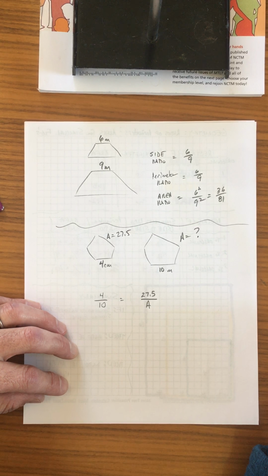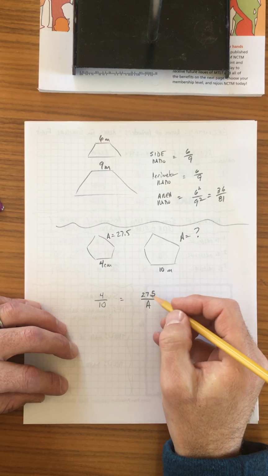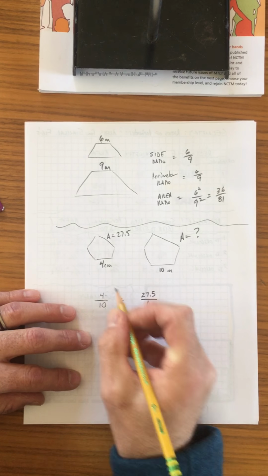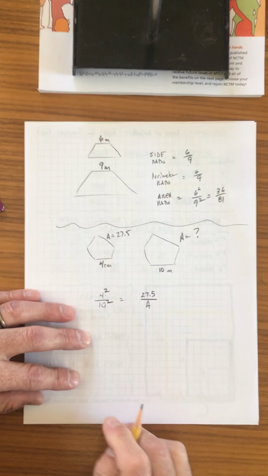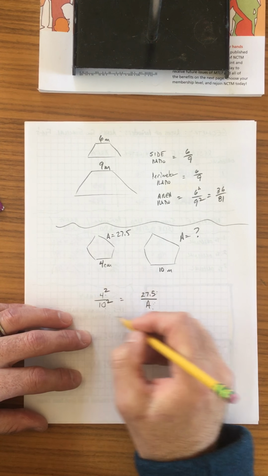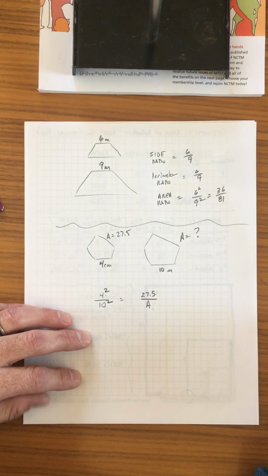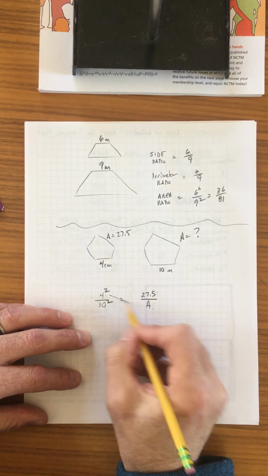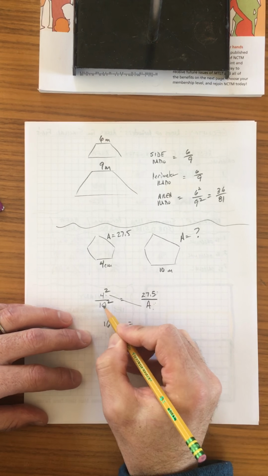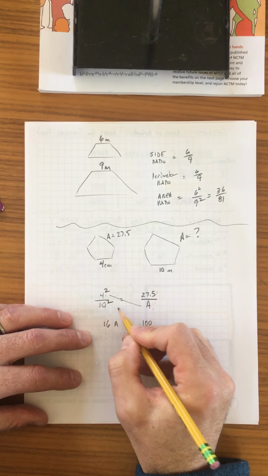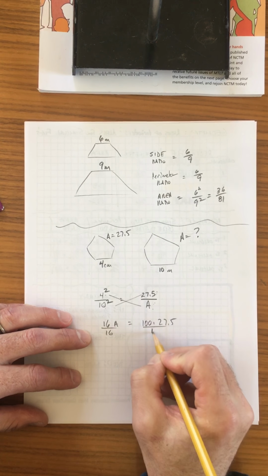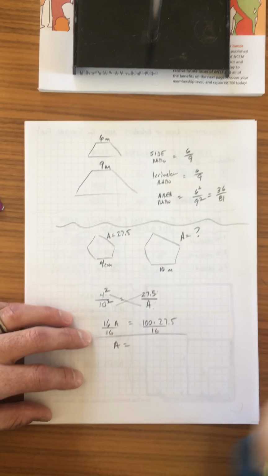So how do we figure this out? Well, we know that if you take the side ratios and you square them, then that's the same as the area ratios. And so now you can solve this proportion. We would have 4 squared is 16 times A, 10 squared is 100 times 27.5, and we can divide by 16.